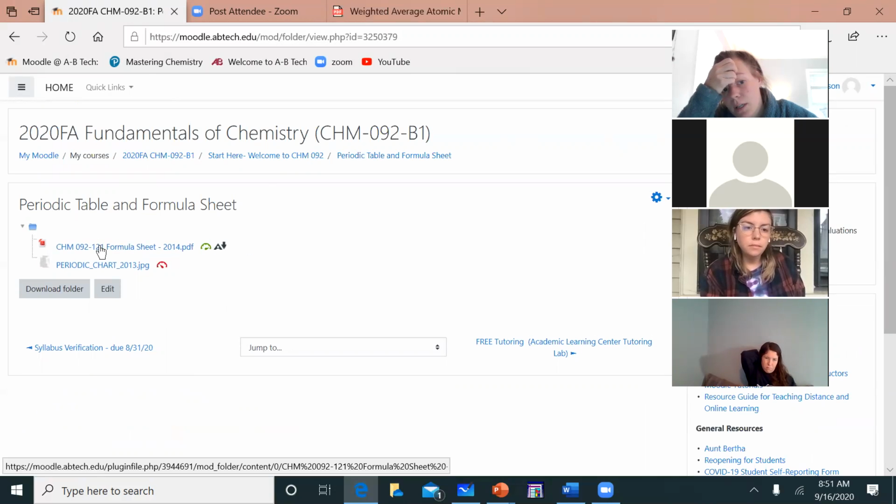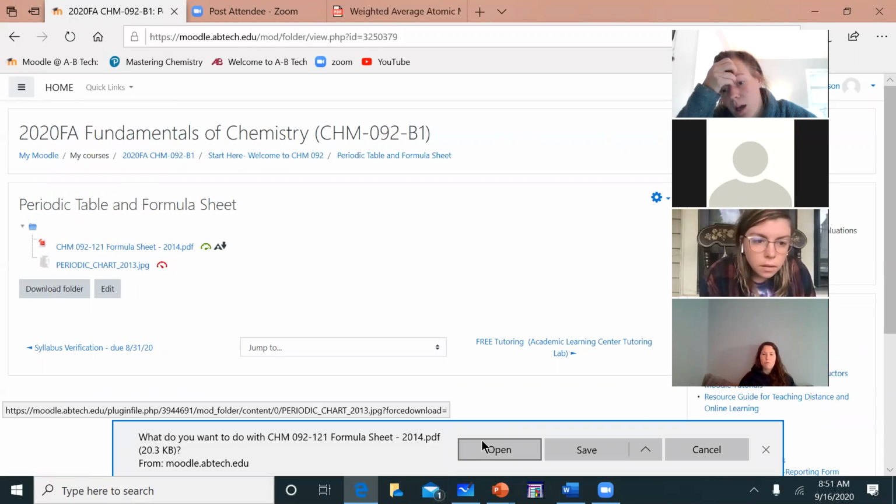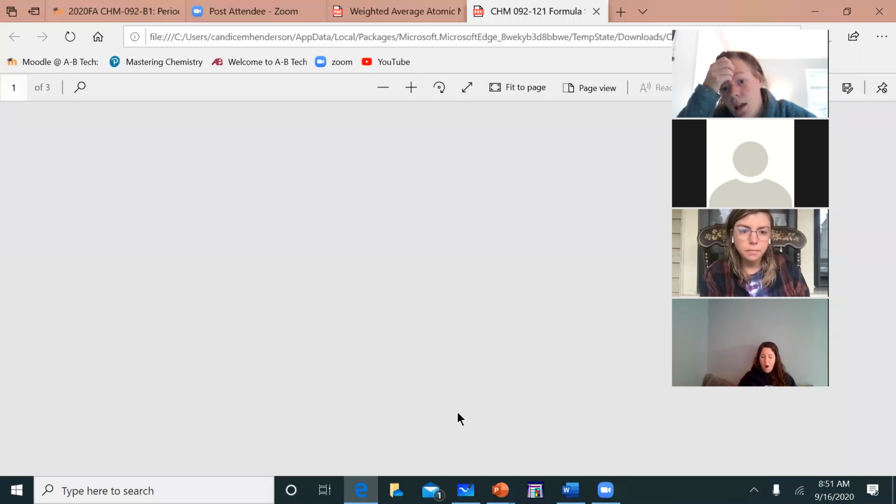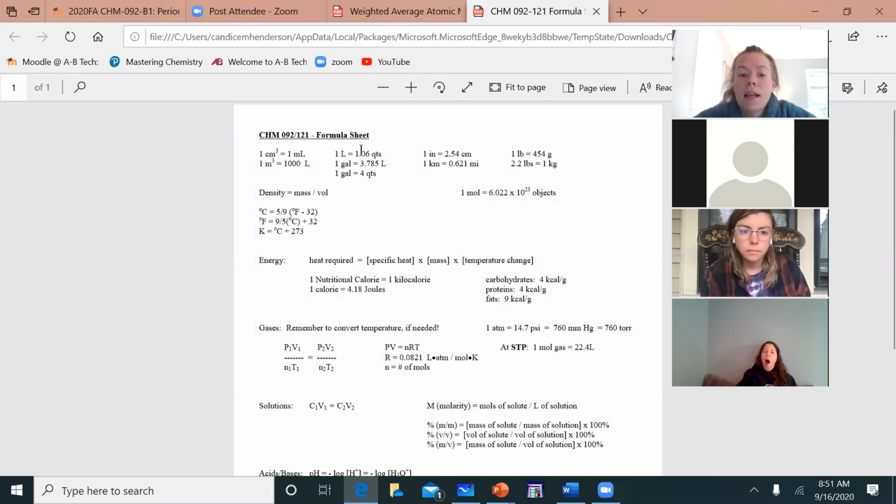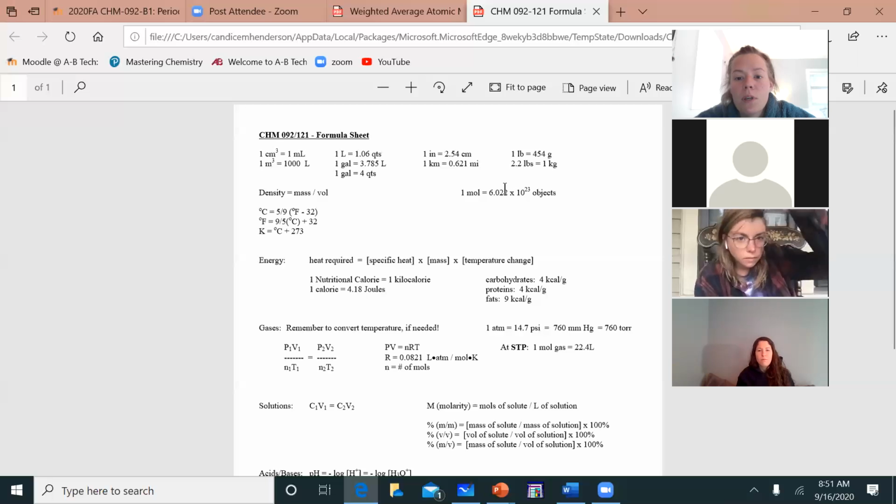This is what traditionally we would give you on an exam. If it was in person, you would get a periodic chart and you would get this. So this has a bunch of just formulas that we use pretty regularly. For the first exam, none of this is going to be used. You're really just going to be in this area here. Well, there's this here too, right? We've got our energy. We won't be using moles at all. So that would be a useful thing for you to have just readily available.